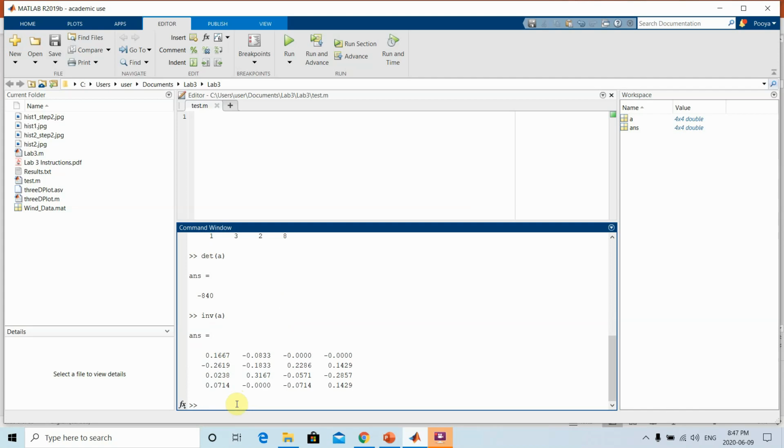And this is the inverse of A. Let's see what A times the inverse of A is equal to. It's equal to an identity matrix, and the same thing for the inverse of A multiplied by A. So you see they're both equal to the identity matrix.